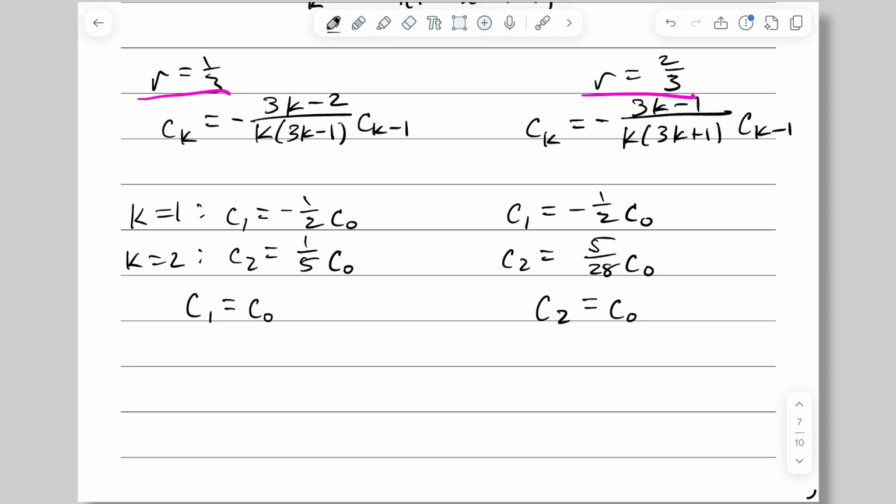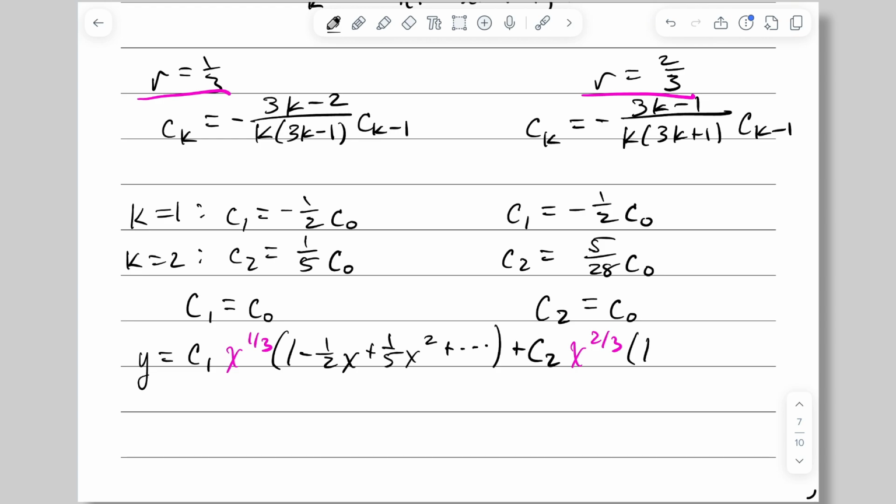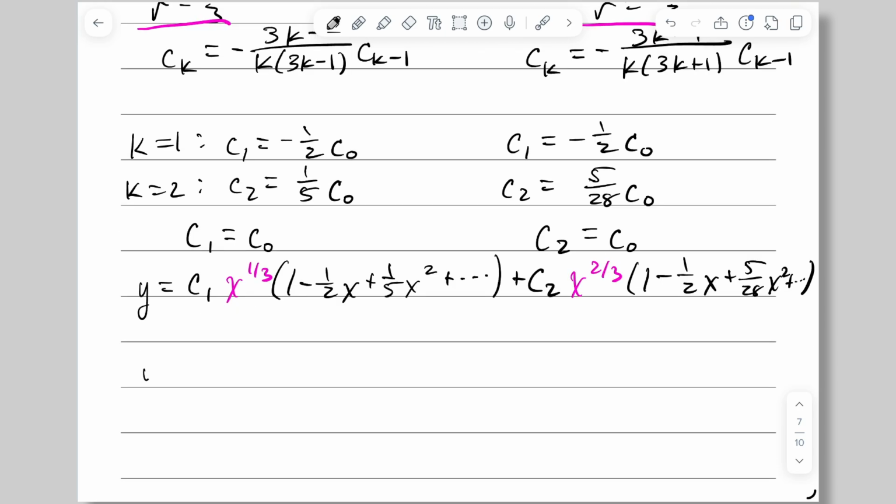That'll separate out our two solutions and give us a general solution of y equals c1 x to the 1/3 times the quantity of 1 minus 1/2 x plus 1/5 x squared, and so on, plus c2 x to the 2/3 times the quantity of 1 minus 1/2 x plus 5/28 x squared, and so on, giving us our two linearly independent solutions of y1 is equal to x to the 1/3 times 1 minus 1/2 x plus 1/5 x squared, and so on.